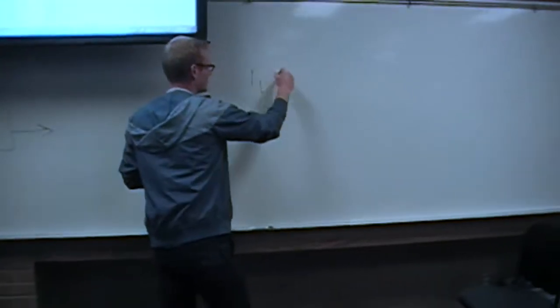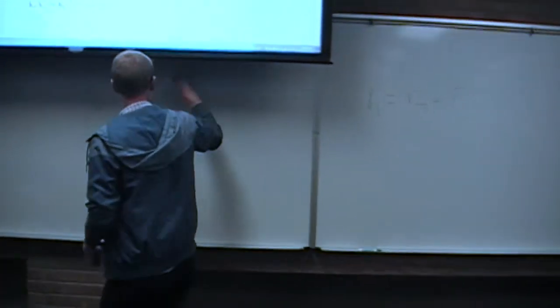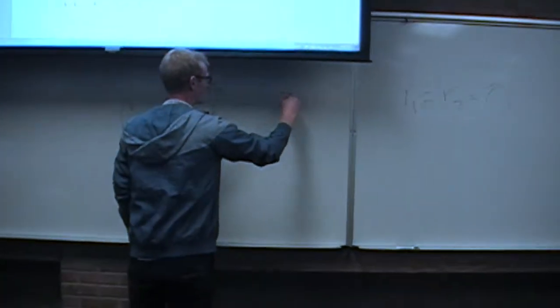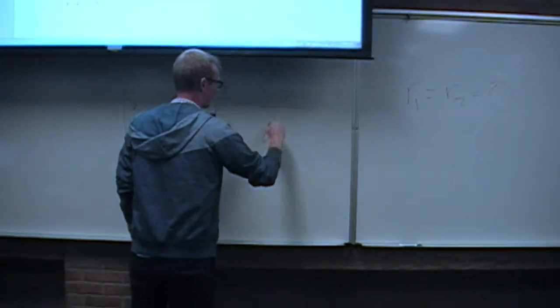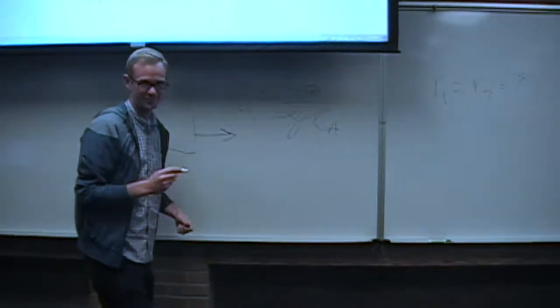That means the rates are equal to 0. When the rates are equal to 0, the ratio of the K values is the concentration of Z over alpha, gamma, the concentration of A.